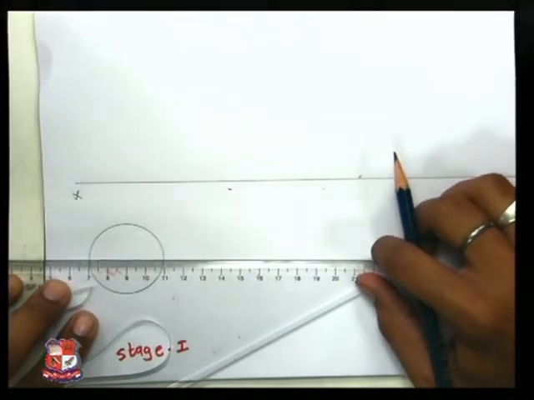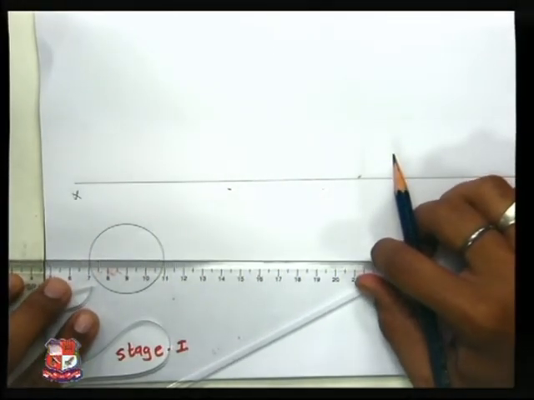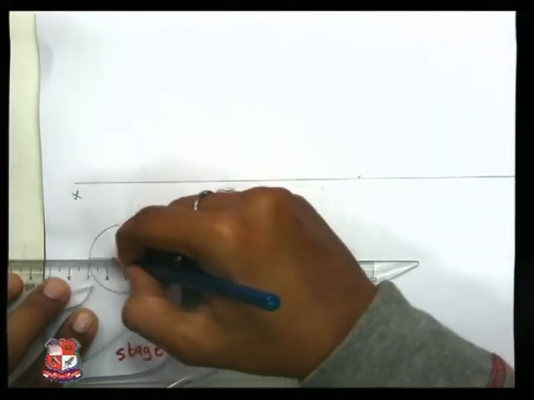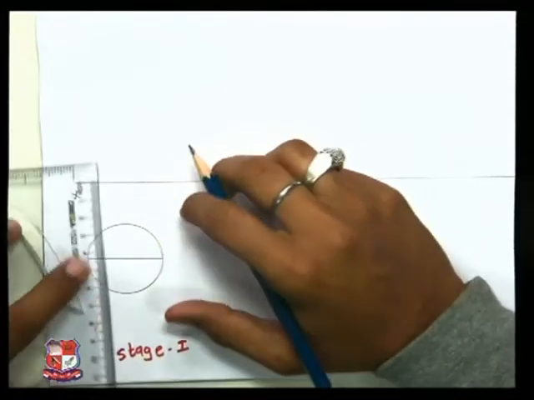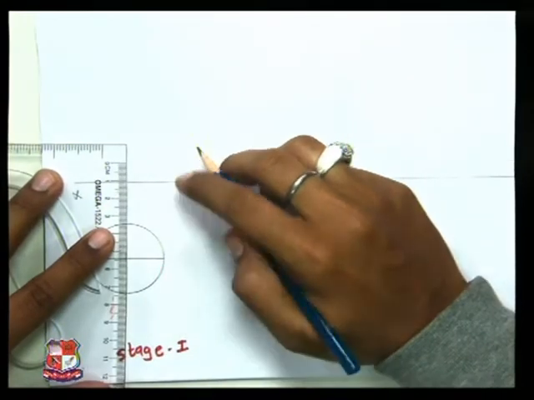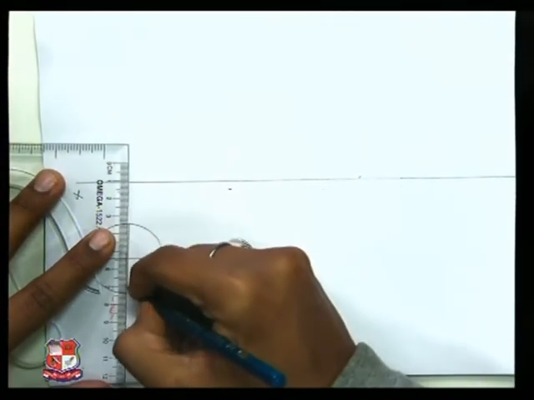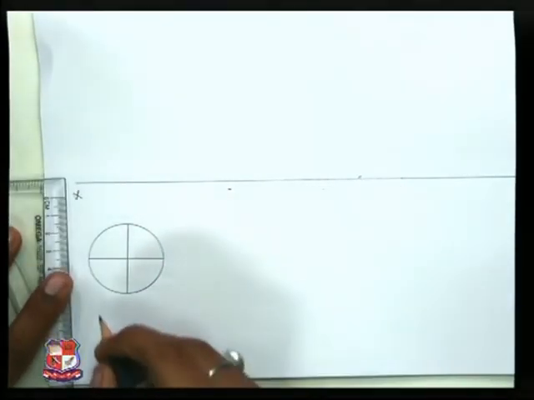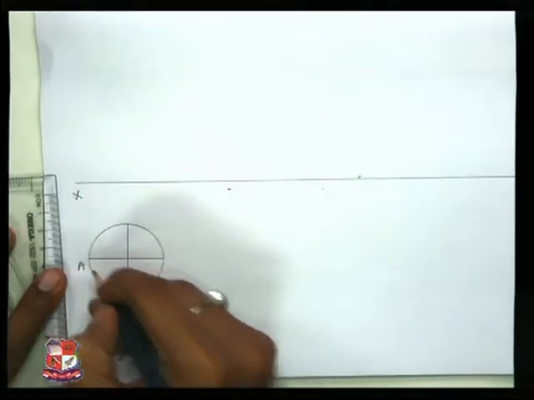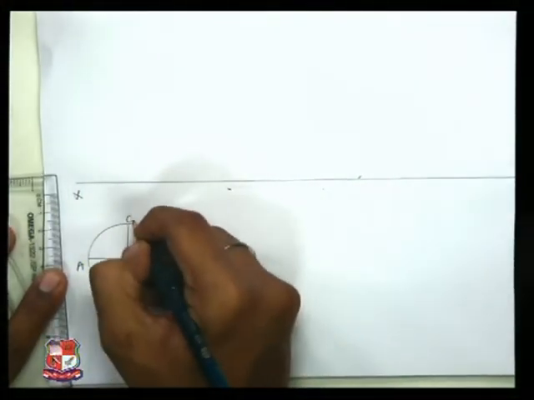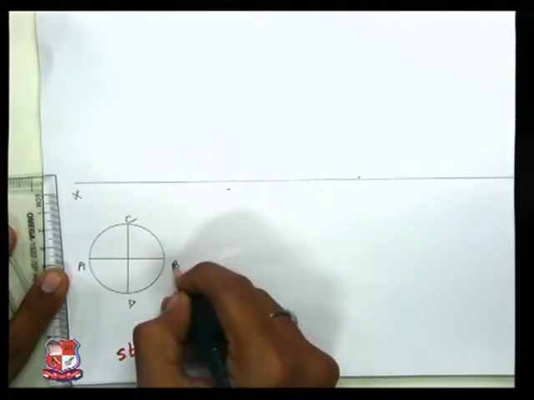Now we have been told that CD is perpendicular to AB. This is our AB. This is our CD.